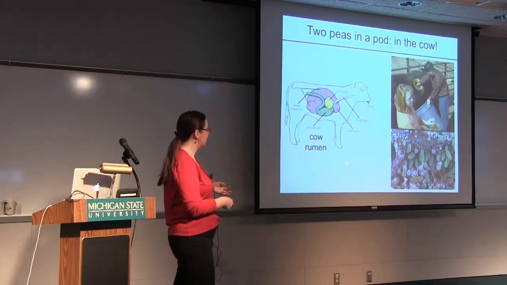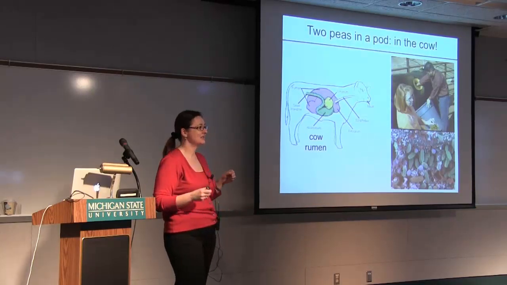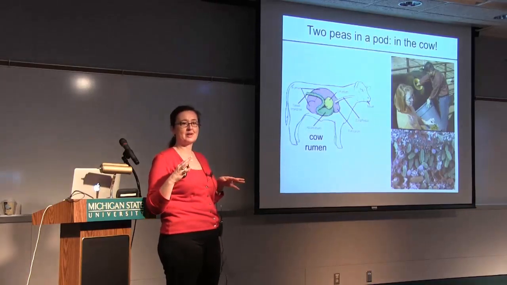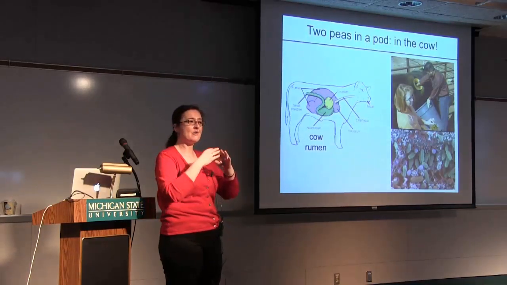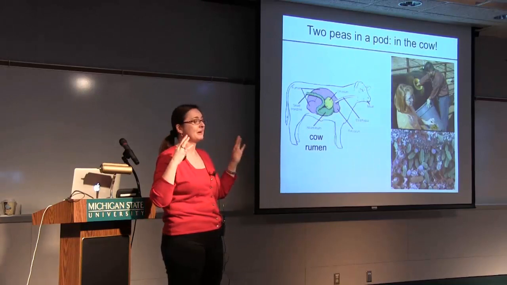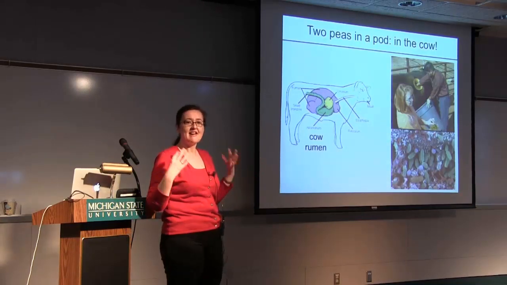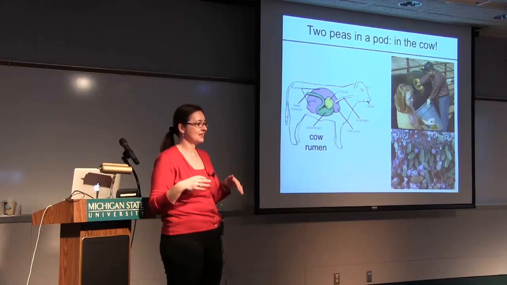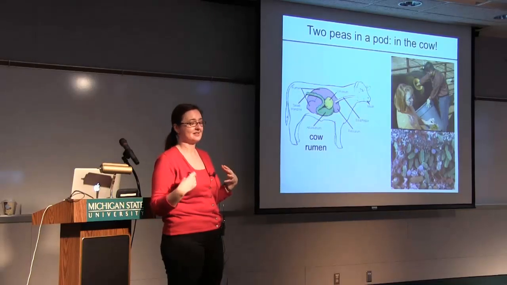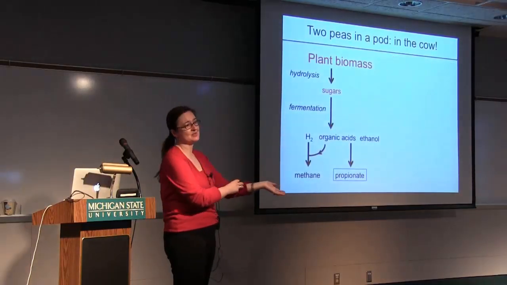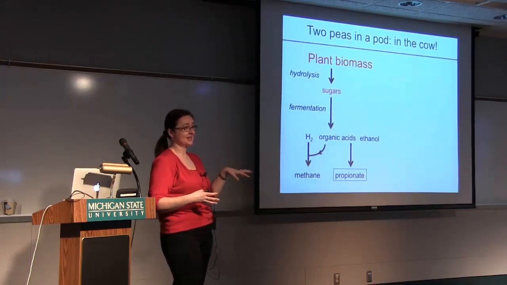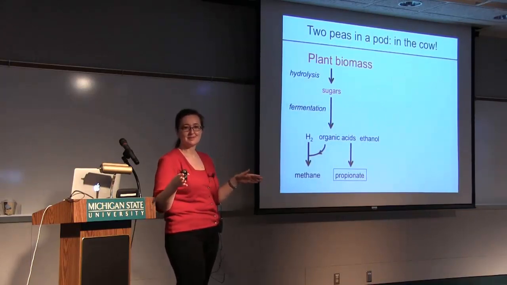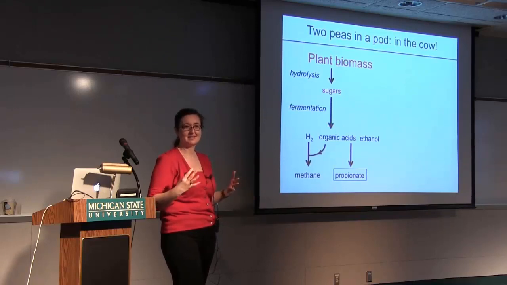And when you look at them even under the microscope, you get a sense of just how much diversity of microbes are there working together to make sure that no matter how many different plants are being digested, everything gets digested by the cow and all the energy is harvested. So this is a very, very simplified scheme of what's going on in the cow. If you look at textbooks, you have a heart attack because of the level of detail, the many activities that are here.